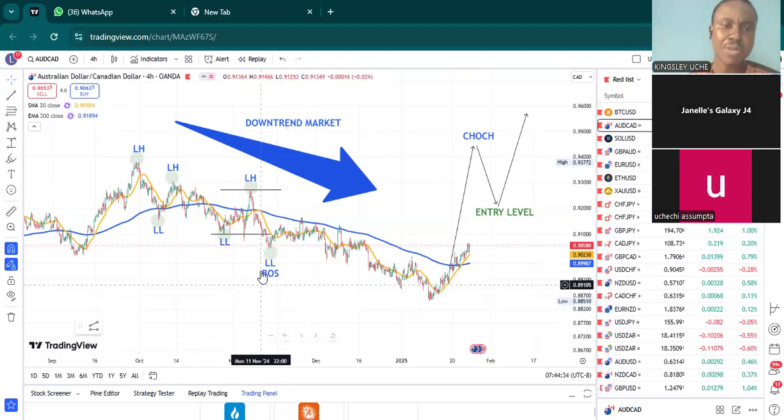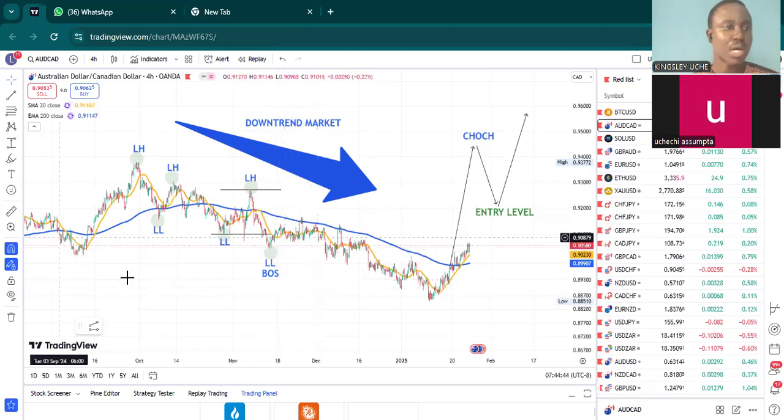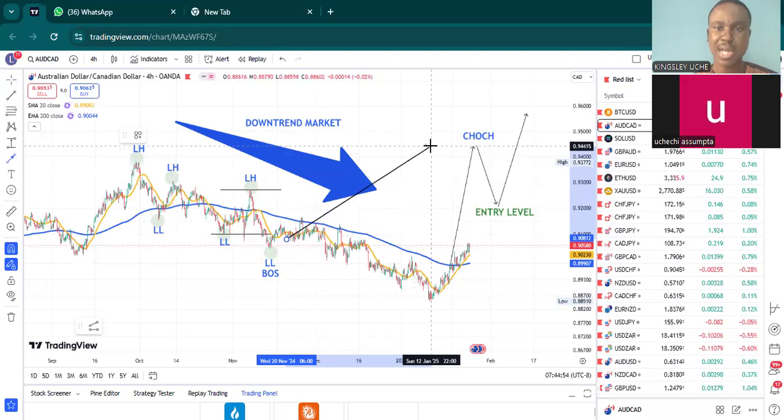Okay, so now when you see this break of structure is created, we want to see the market move towards the high side. From the break of structure, we should expect the market to move from here towards the high side.